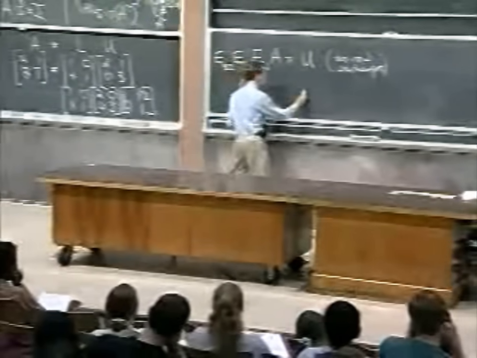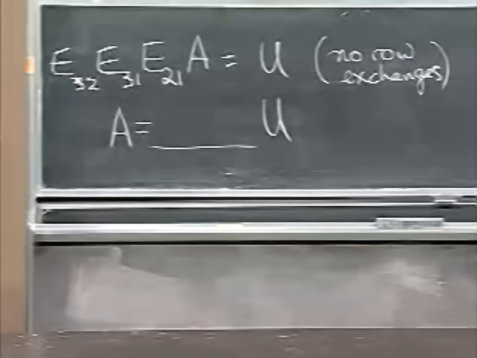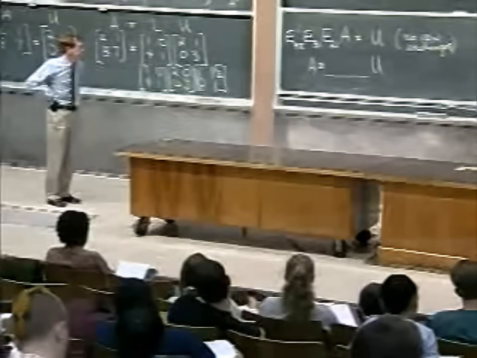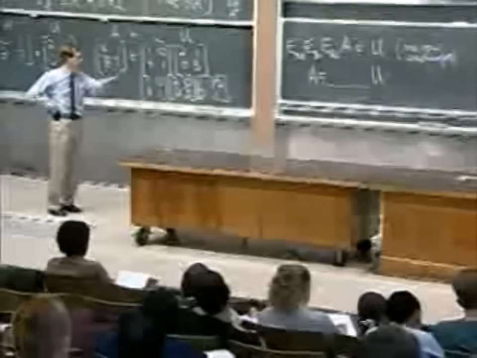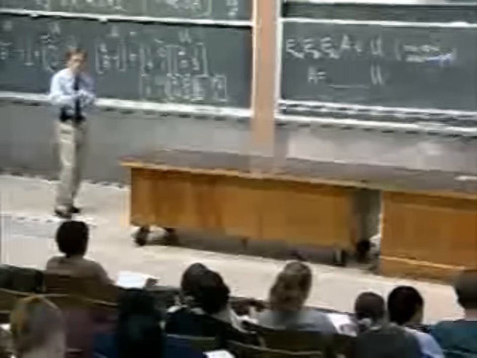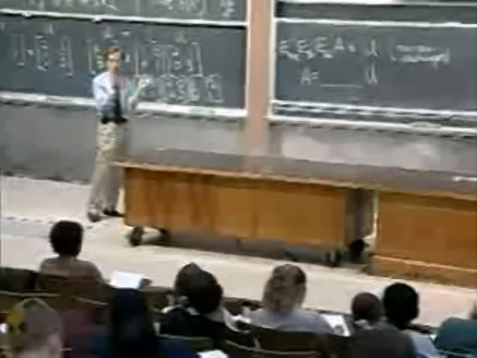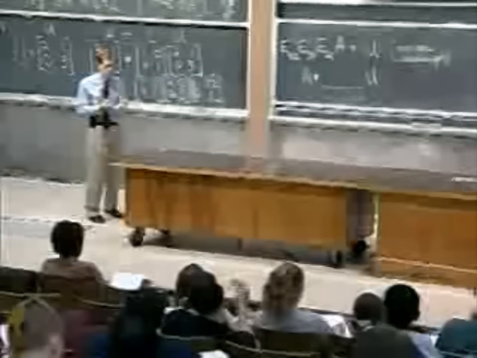If I write A and U, what goes there? Okay, so I've got the inverse of this. I've got 3 matrices in a row now. And it's their inverses that are going to show up, because each one is easy to invert. The question is, what about the whole bunch? How easy is it to invert the whole bunch?